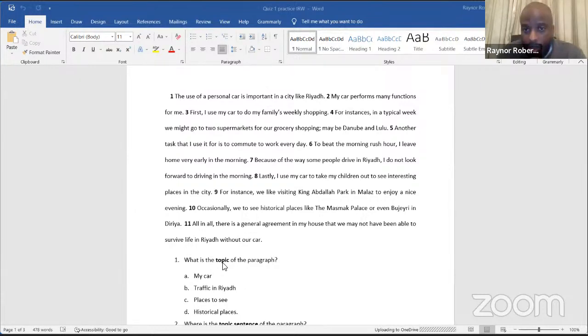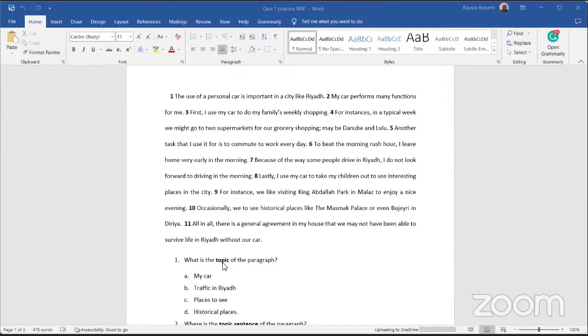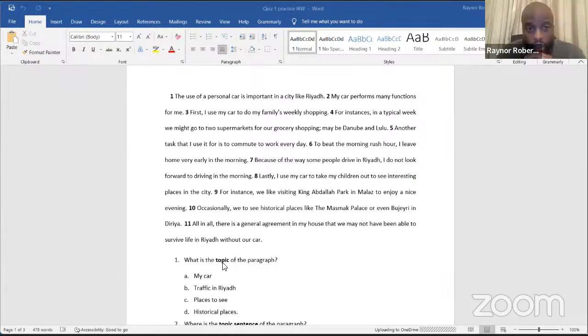Who performed? Look at sentence 2. Who performed? The car. Now look at sentence 1. What is or who is?